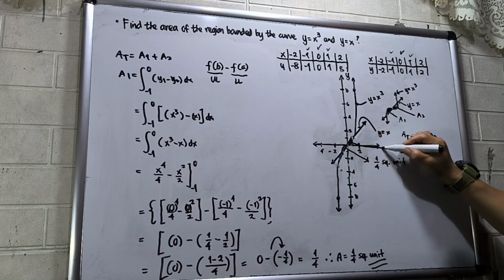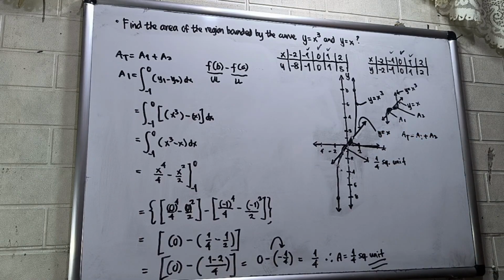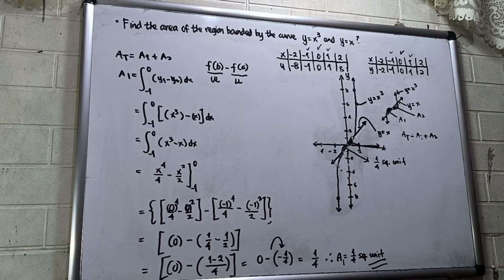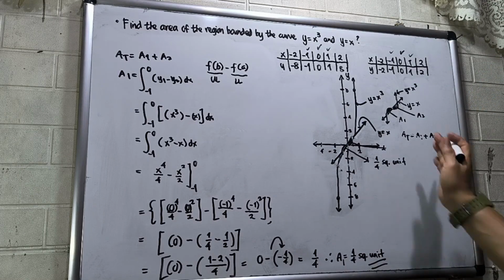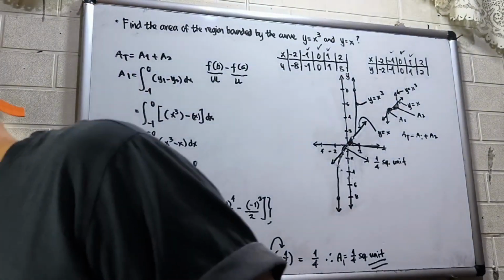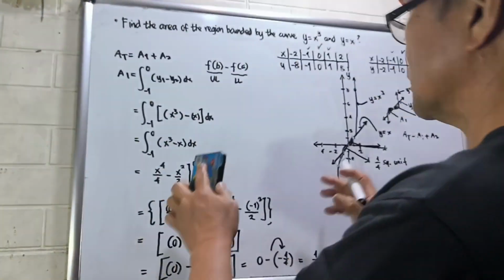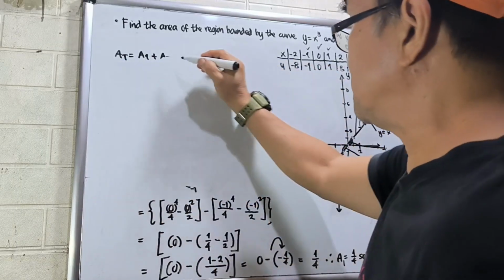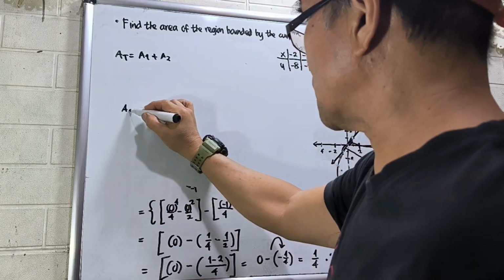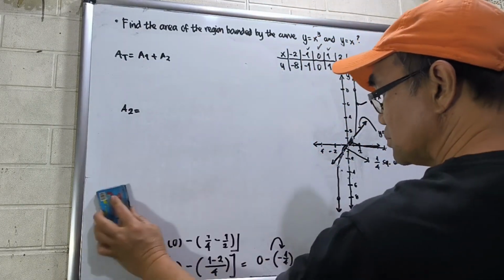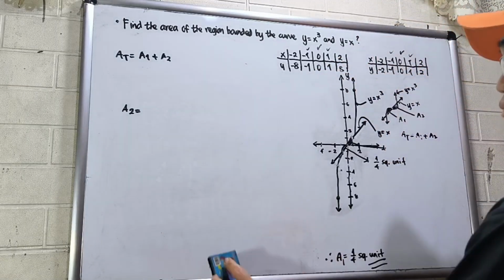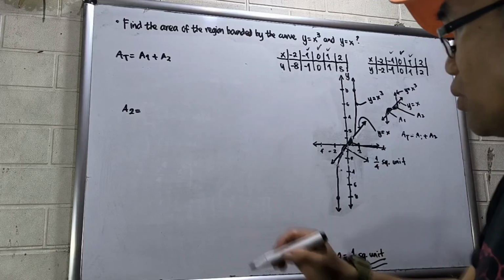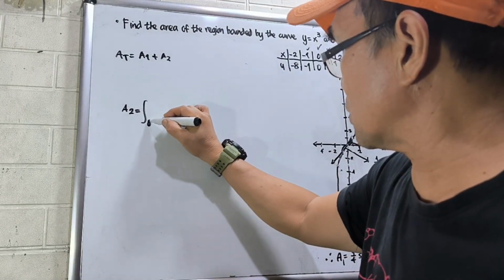Now next is area 2. So that is area 1. Okay, area 1. Now solving for area 2. So allow me to erase this portion. So I will start with area 2. So area 2 is this one, from 0 to positive 1.